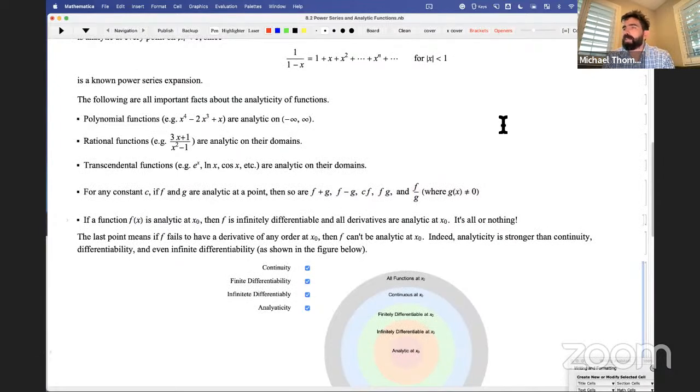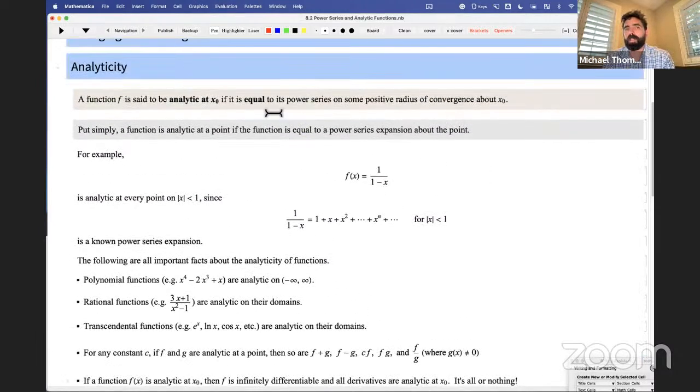It's a lot of new concepts, but when you hear the word analyticity, what you should be thinking in your head is: the function has a power series representation and it's equal to it. Not all functions have a power series. Some functions have a power series, but they're not equal to it. So this is the strongest case.